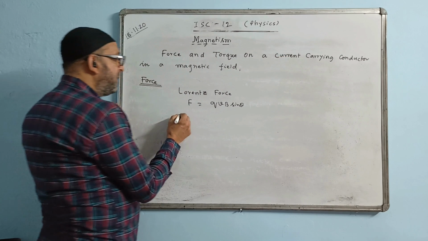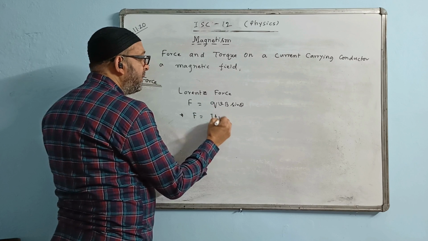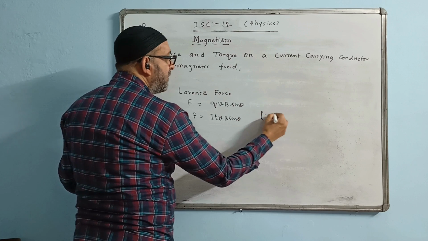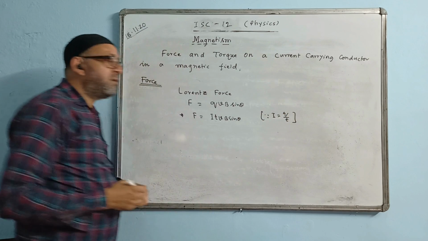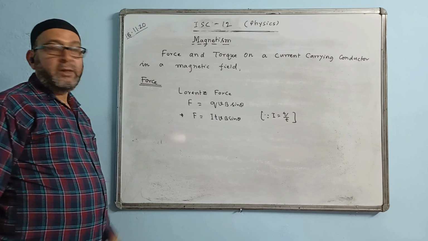How can we change it? F equal to q vB sin theta. Since I is equal to q by t, charge upon time, therefore q will be equal to I into t.